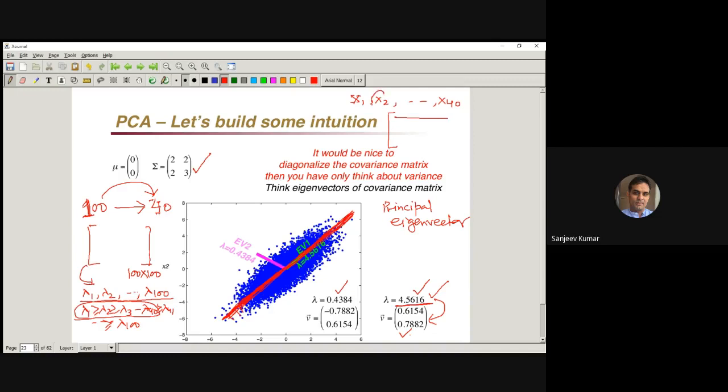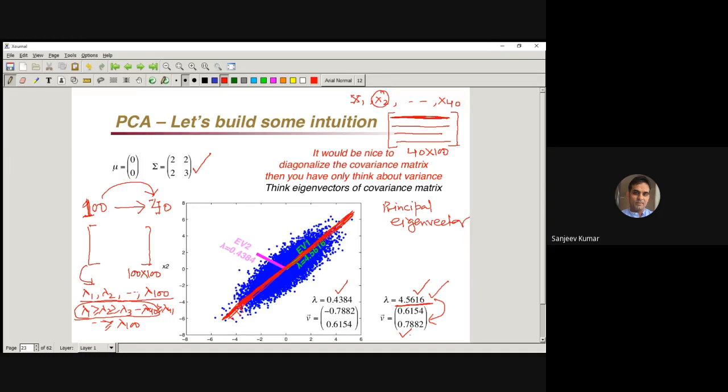Then you will take x2, the second eigenvector, and write it as the second row, and so on. In this way you will have 40 rows, and each eigenvector, because it is an eigenvector of a 100 by 100 matrix, will have 100 entries. So this matrix will have 100 columns.